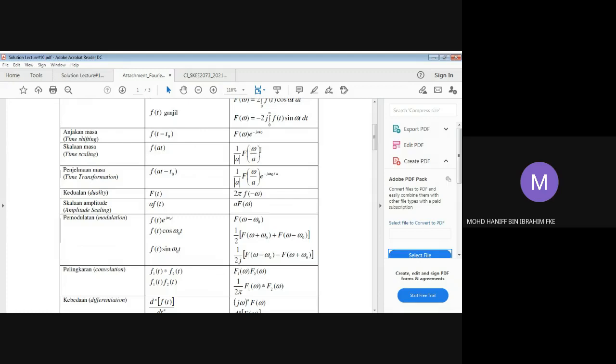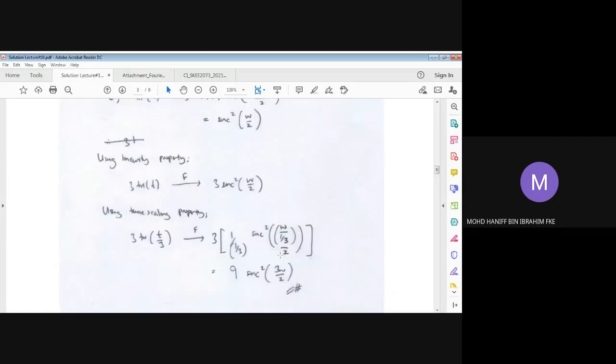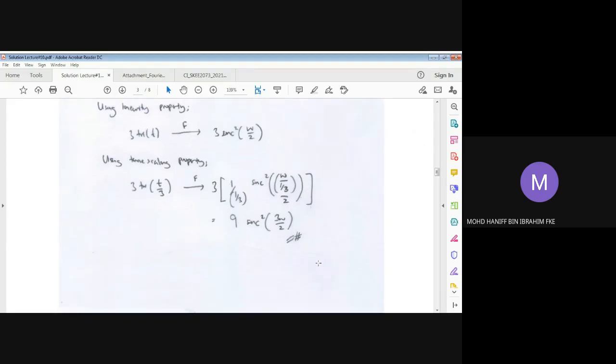So all the omega terms shall now be replaced by omega divided by a, as what we did in this example here. Previously you had omega terms in this bracket, which is omega divided by 2. Since we have a, which is 1 over 3, we have to divide the omega by 1 over 3. Hopefully you are clear about this example.